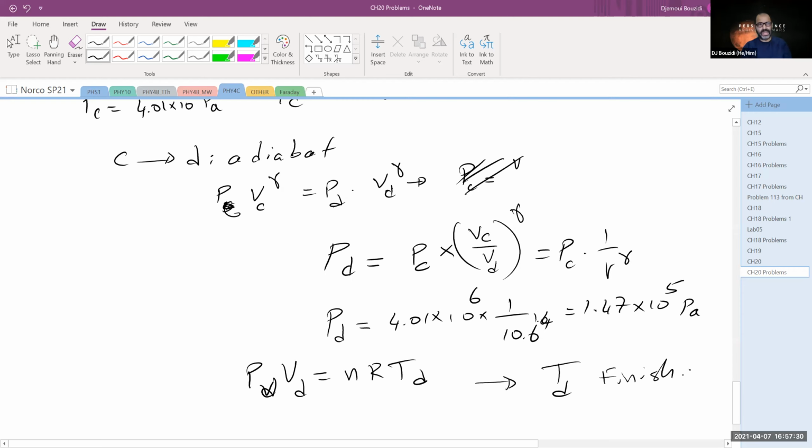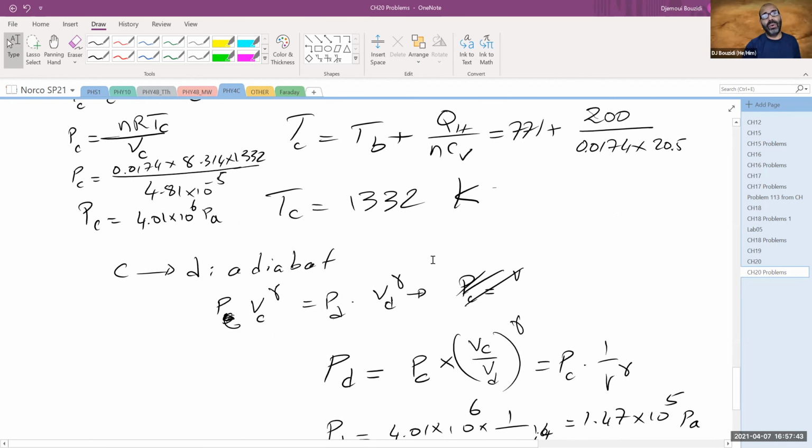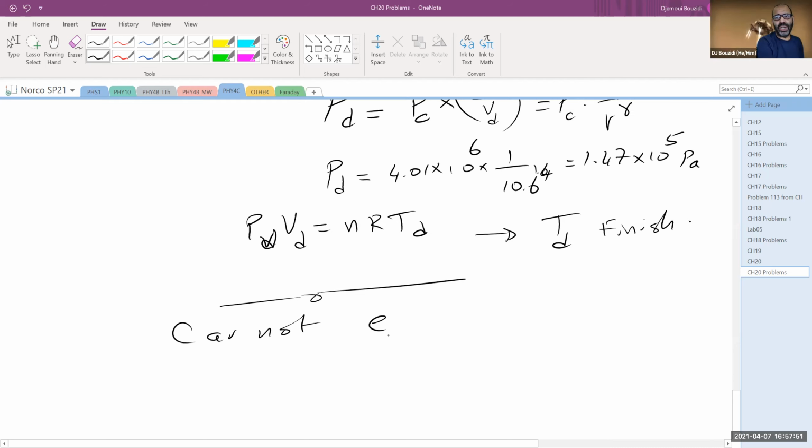Okay. The reason why we need this: we need TA as 300 Kelvin, that's given to us, and we need the hottest temperature in this problem, which turned out to be TC, which is 1,330 Kelvin. If we're going to compare it to a Carnot engine, how much efficiency is it going to have?